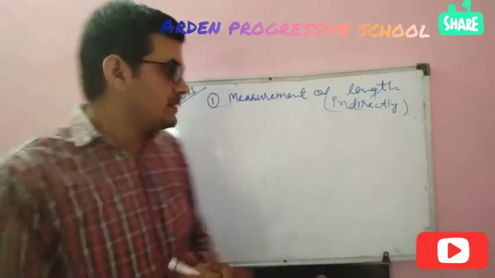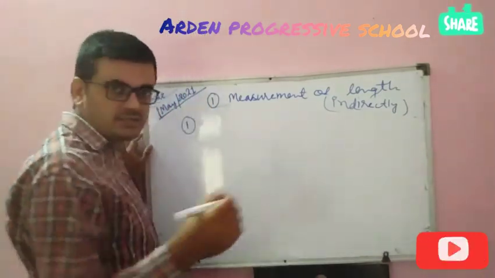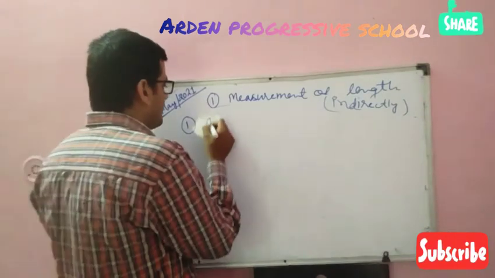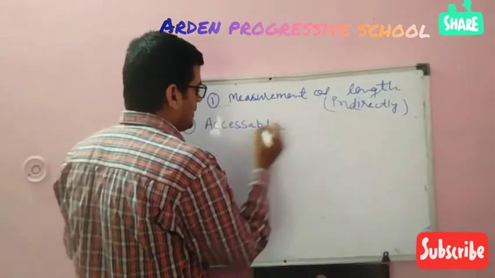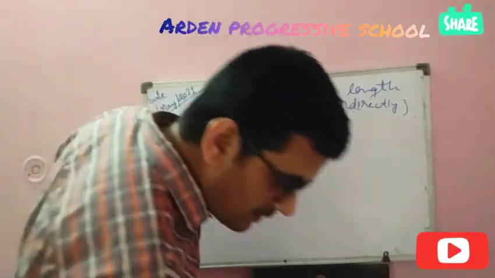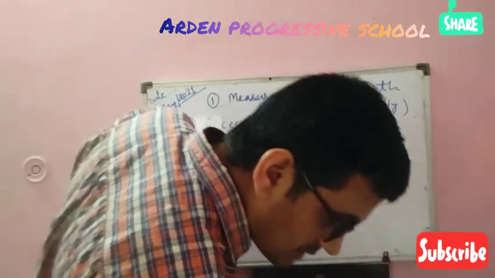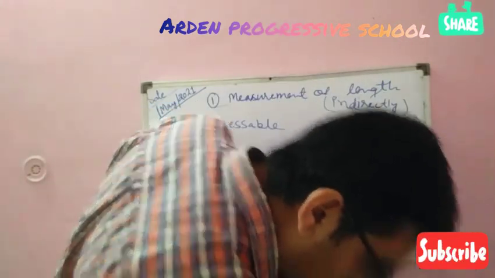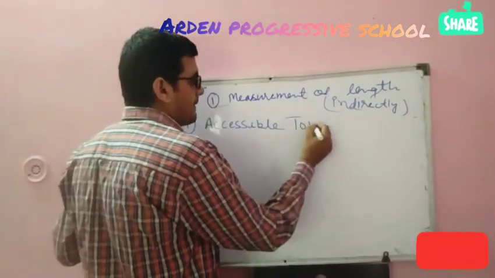Okay, so in this we have divided into two parts, first for accessible tower. Just wait, I am checking the spelling. Accessible tower.